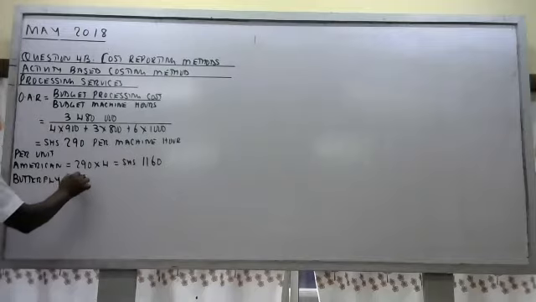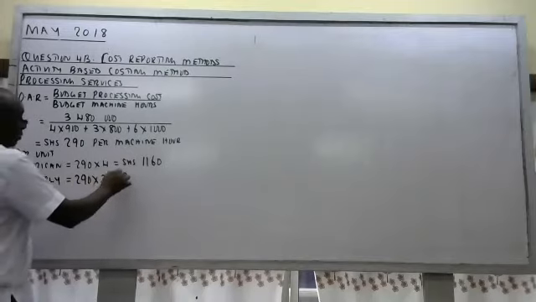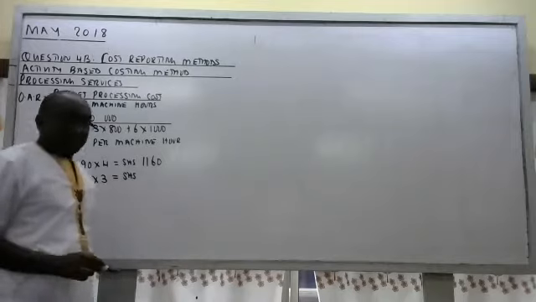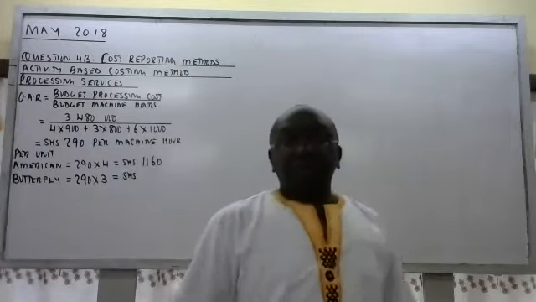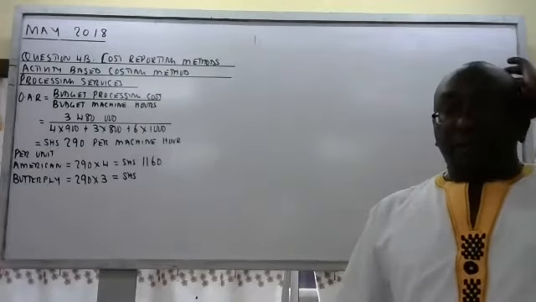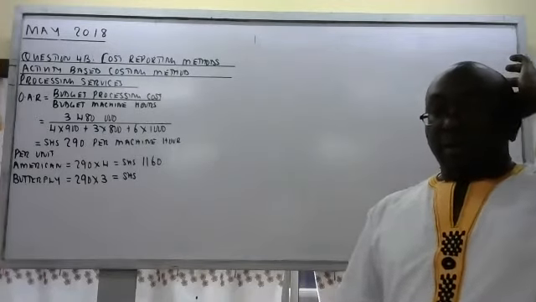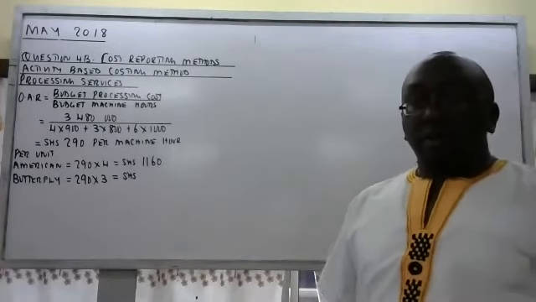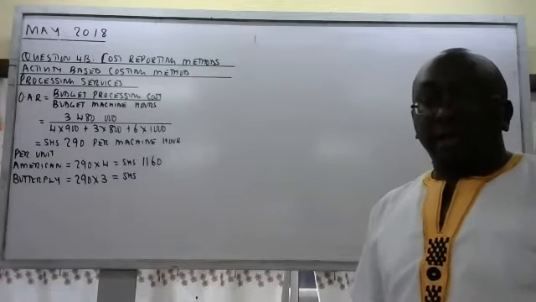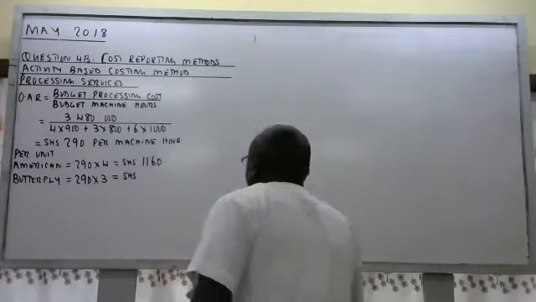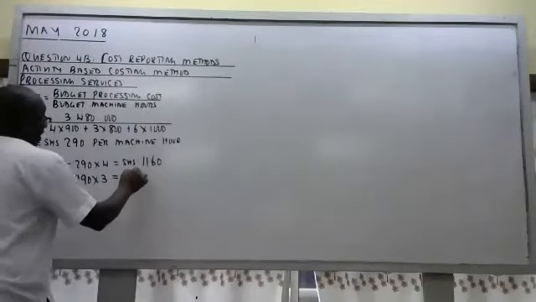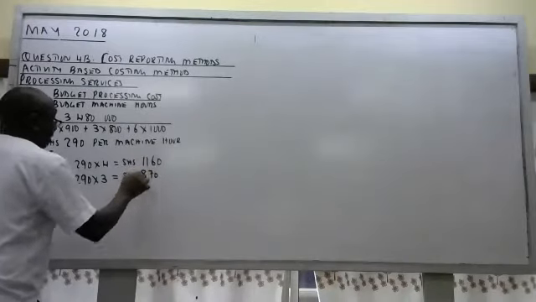Now butterfly will be 290 times 3. Shillings how much? Yes, Ivarin, Roy, 870.